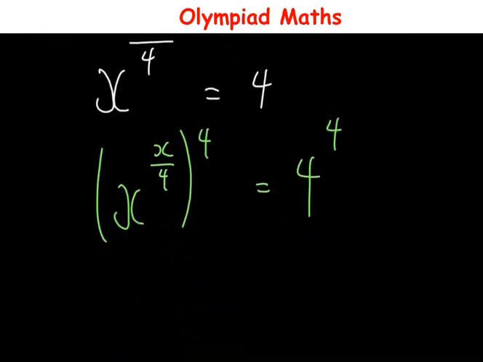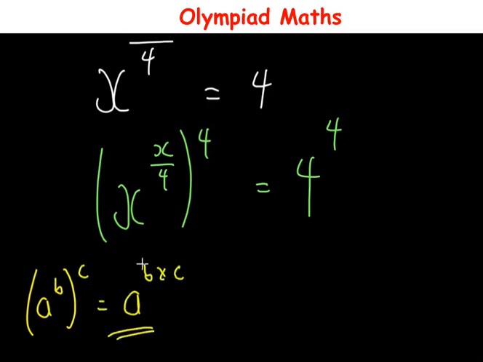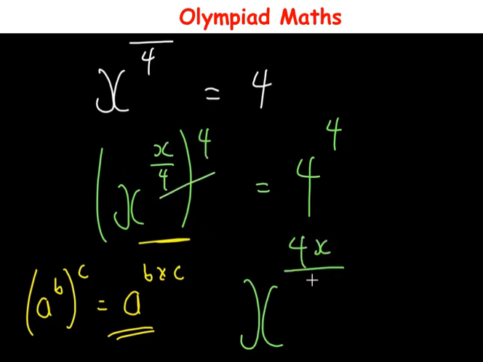Applying this rule of indices, that if you have in brackets a raised to power b all raised to power c, this equals a raised to power b times c, what we then have is x, then power x over 4 multiplied by 4. 4 times x is 4x over 4, which equals 4 raised to power 4.